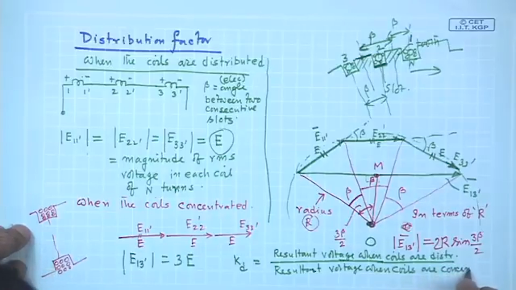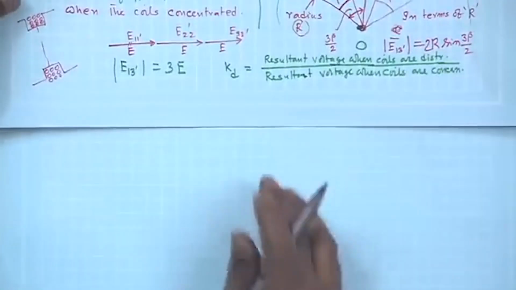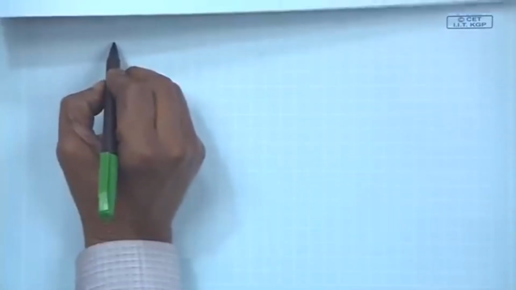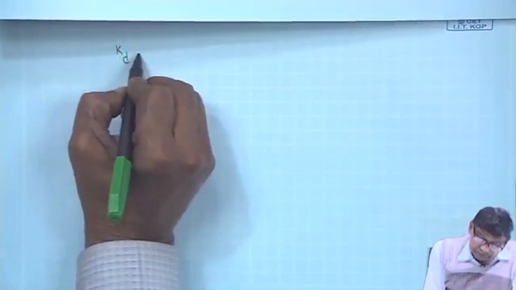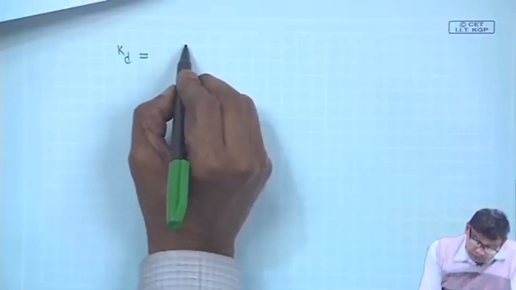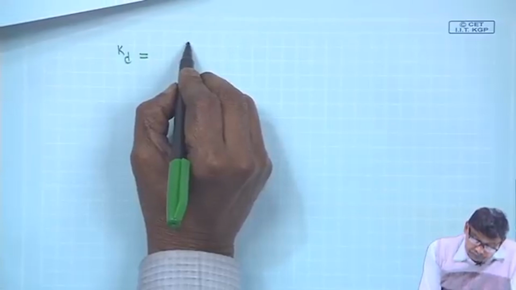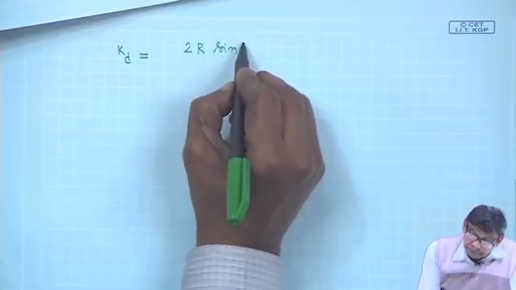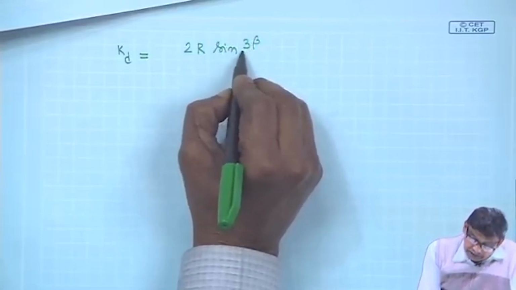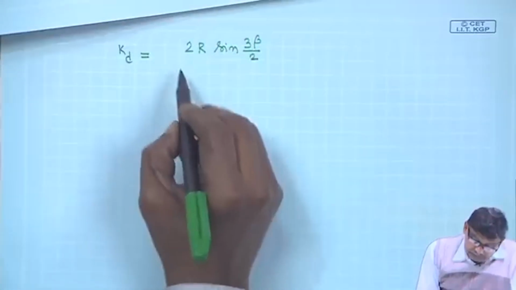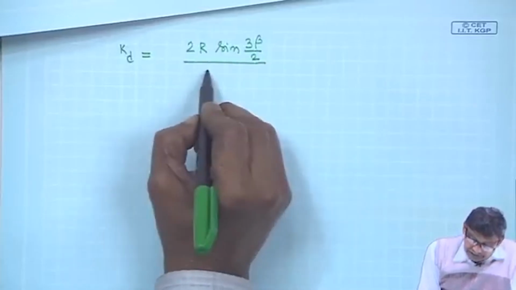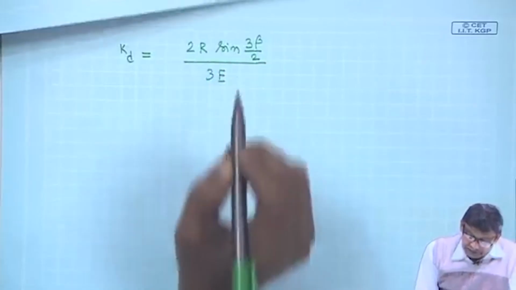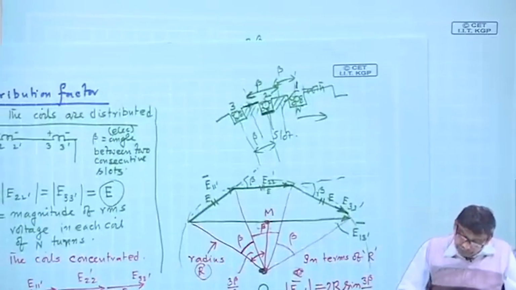You can compare only two things when they are of similar type. So, this is the thing. Therefore, K D will be equal to 2 R sin 3 beta by 2 divided by 3 E. That is the thing, is it not?